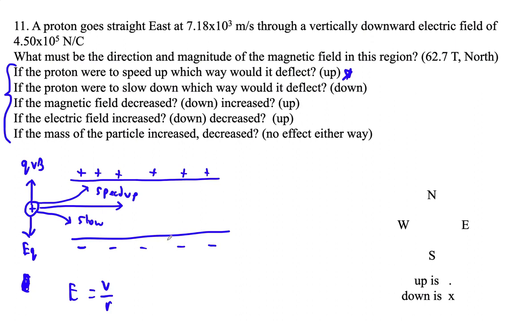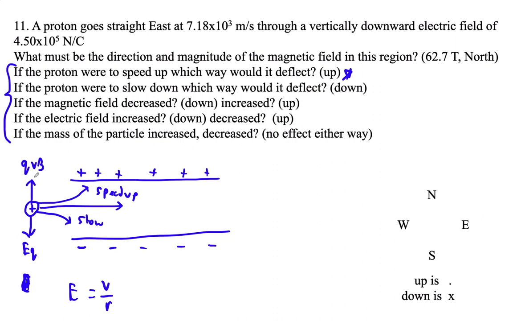What if we decrease the magnetic field? Well, the electric field stays the same strength, so it's going to deflect downward, because this force is going to be stronger. If they're equal and you decrease the magnetic field, this becomes less than this, so it deflects downward.